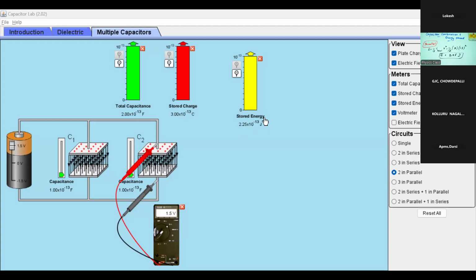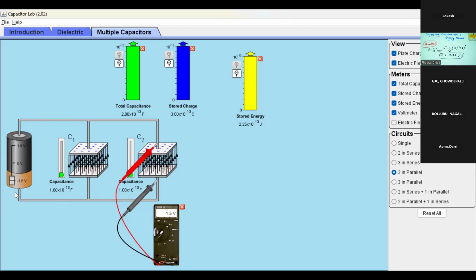Suppose you have any doubt, for example, why sir, can we take voltage as minus 1.5 volt? Voltage minus 1.5 volt means just reversing the plate directions, that means the electric field direction. So you can check that.